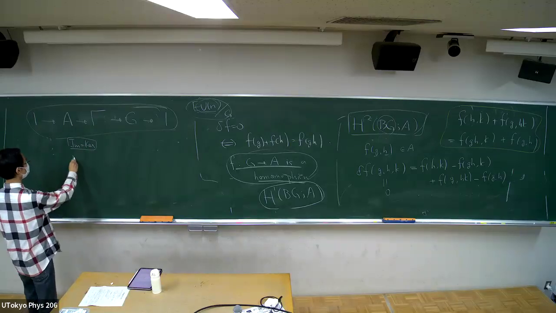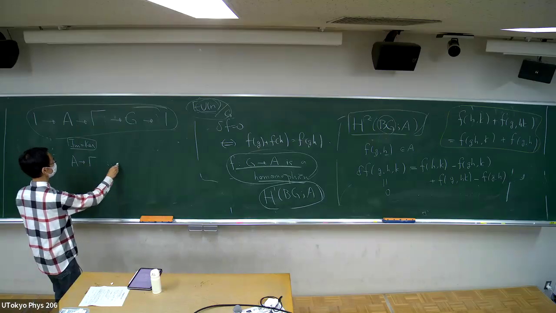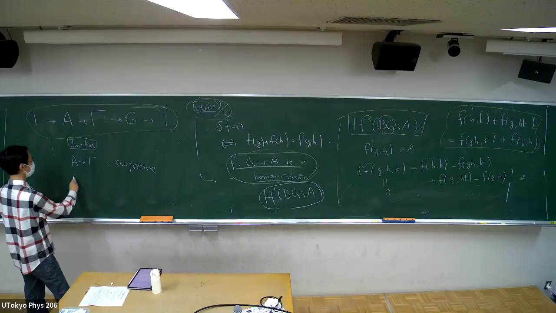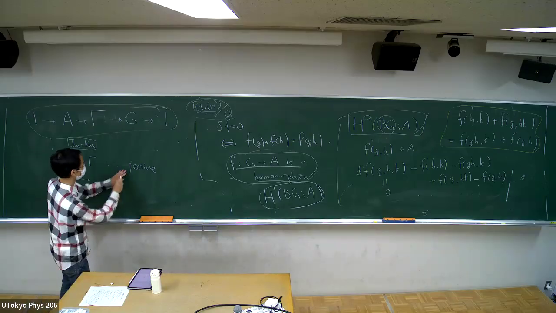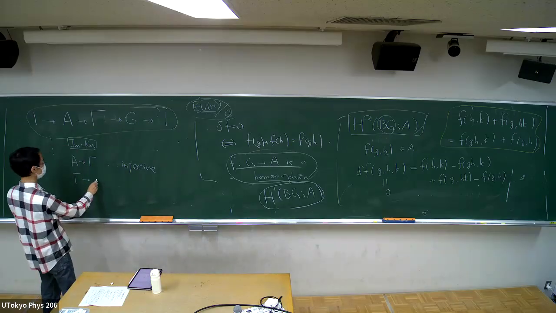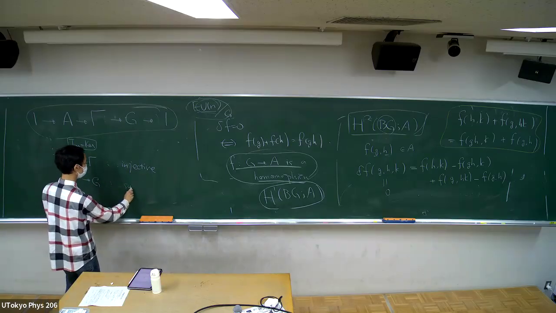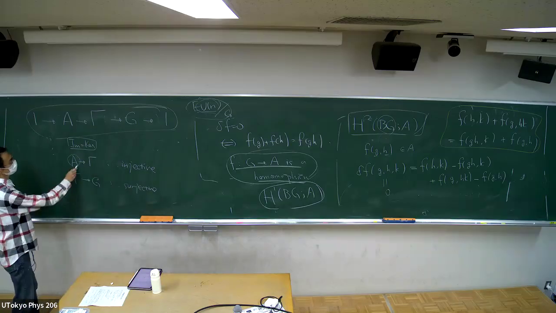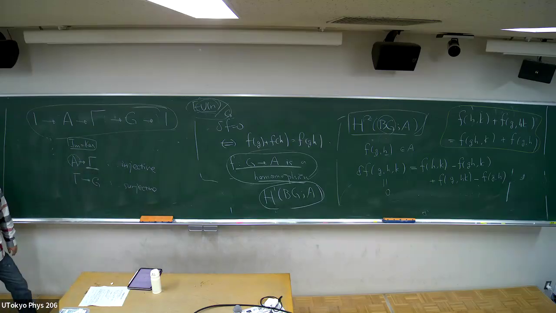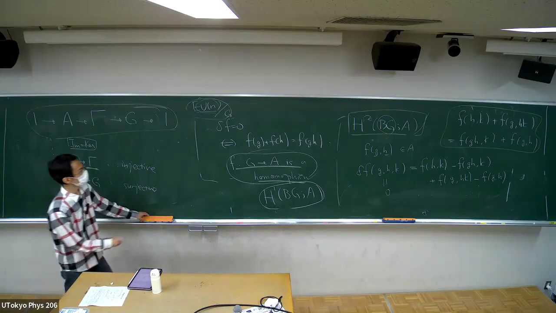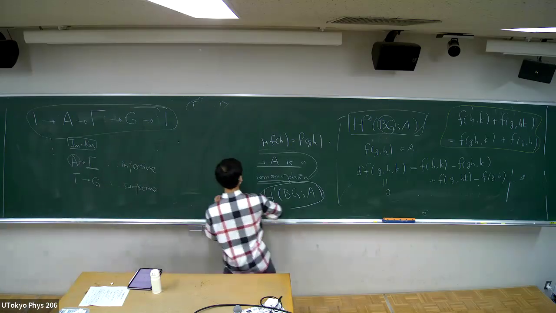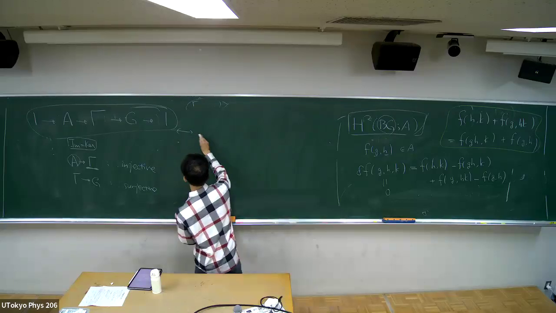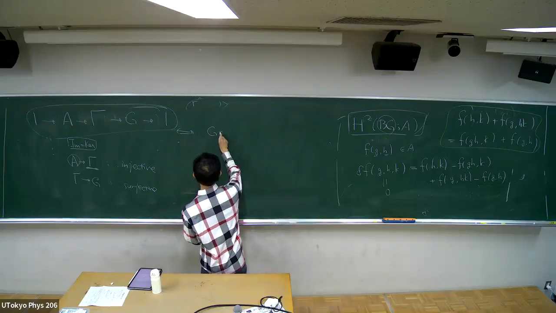So this just means that the map from A to gamma is injective, and gamma to G is surjective. This means that A is effectively a subgroup of gamma, and G is its quotient. So this means that G is gamma over A.